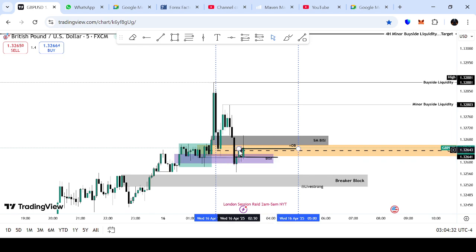I would like to see price close above that high, the candle body high there. This high, I'd like to see price close above it.